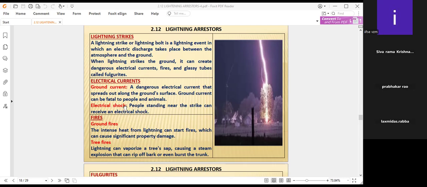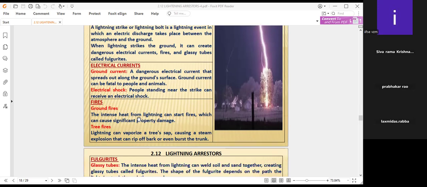The electrical shock: people standing near the strike can receive an electric shock also. Here the damage is somewhat less than a direct strike and direct shock. The difference is that here it needs some first aid for any damage to body parts.